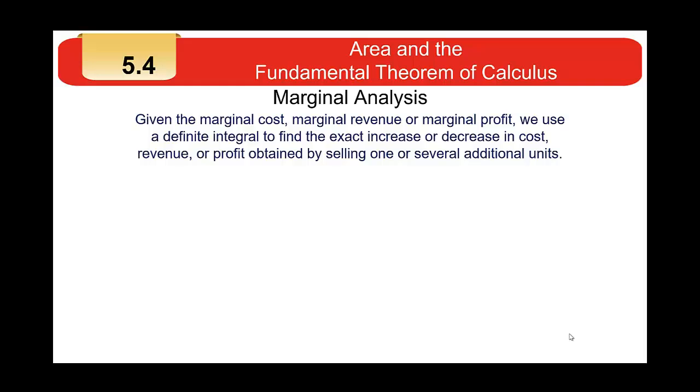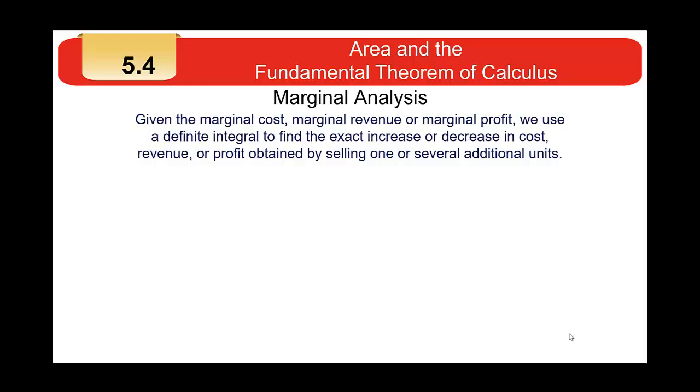And that has to do with the definite integral, because you're going from marginal back to the total. You're either going from marginal revenue to total revenue. That's an integral. Going from total revenue to marginal revenue is derivative. So going from marginal to total is the definite integral in this case.